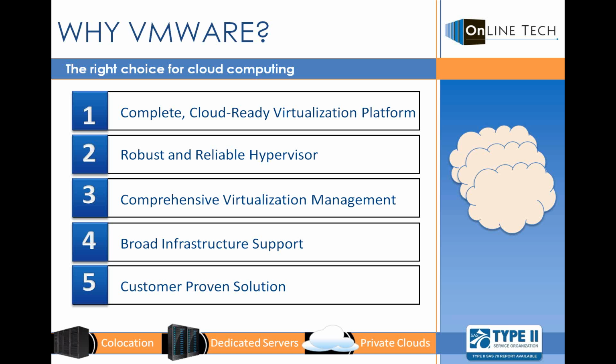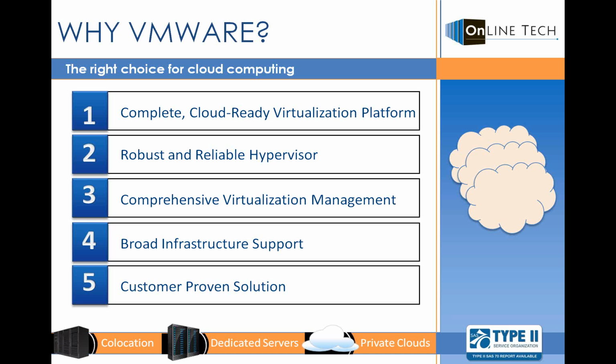Well, number 3, above the hypervisor, you need the right management tools to go from 0 to 100% virtual. And VMware gives you the perfect tool in vCenter Server to manage everything from a centralized view. Number 4, you also want a solution that works with the broadest set of hardware and operating systems, and that's VMware again.